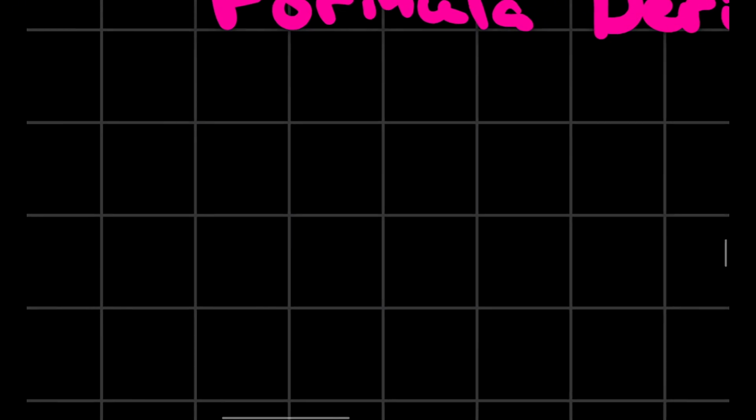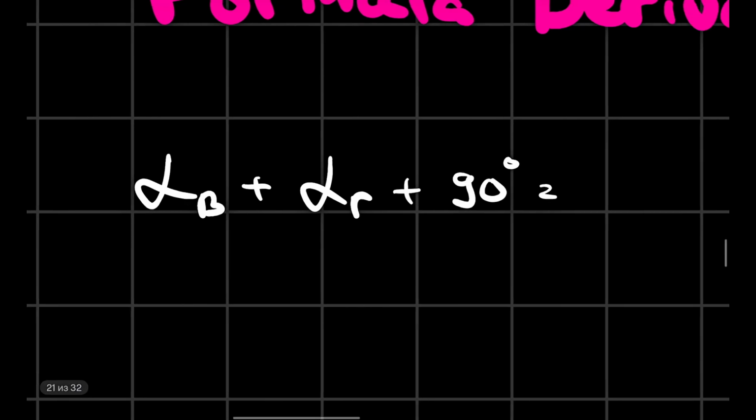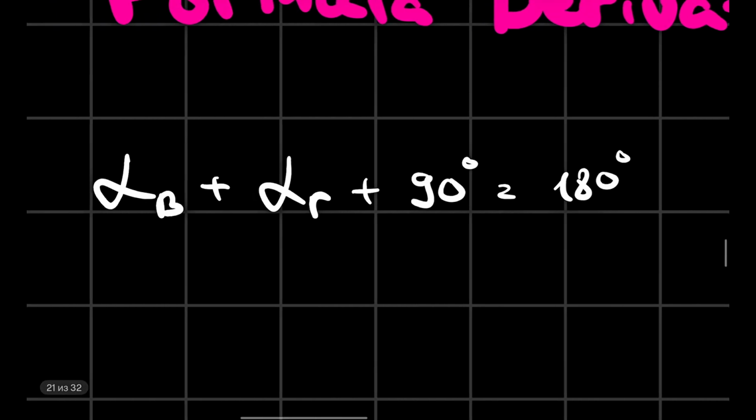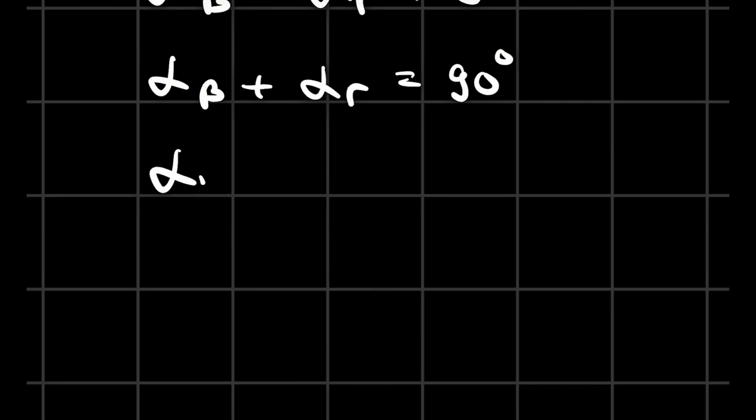So angle of Brewster plus angle of refraction plus 90 degrees equals 180 degrees. Moving 90 to the other side, angle of Brewster plus angle of refraction equals 90 degrees, so the angle of refraction is 90 degrees minus Brewster's angle.